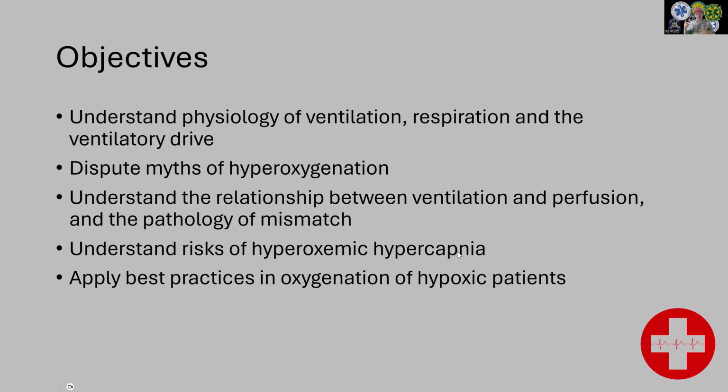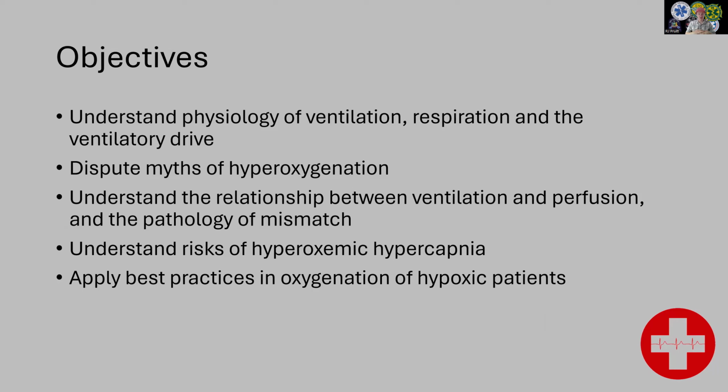So normal objectives for this: we review the ventilation, respiration, and ventilatory drive. We're going to talk basically about VQ mismatch, which is the main thing that we take away from this. Risks of hyperoxemia, hyperoxemic hypercapnia, which is, if most of our science words are worth $5, that's a $20 science word.